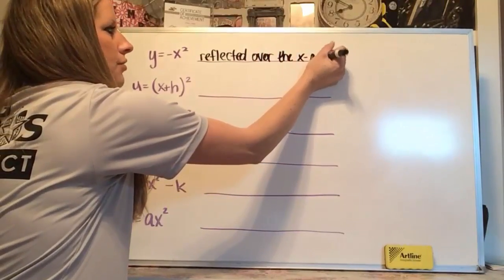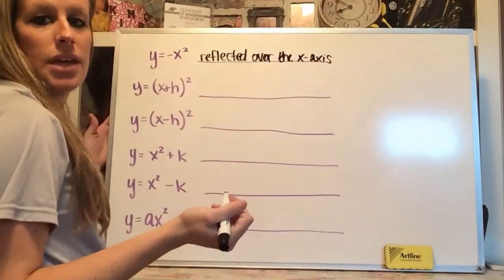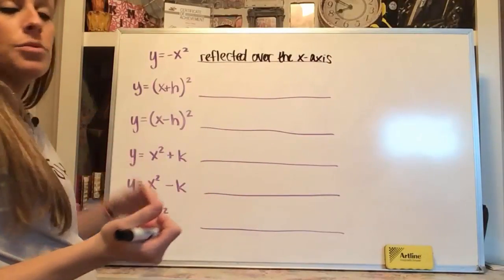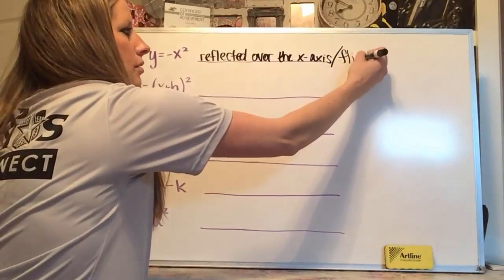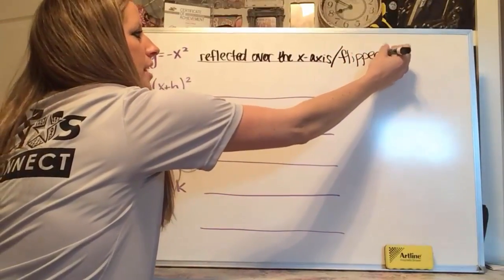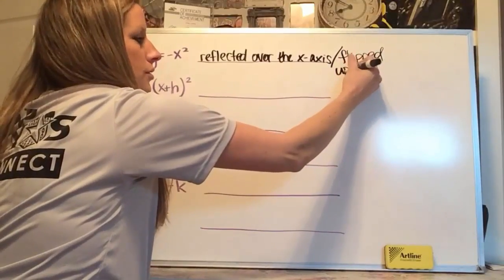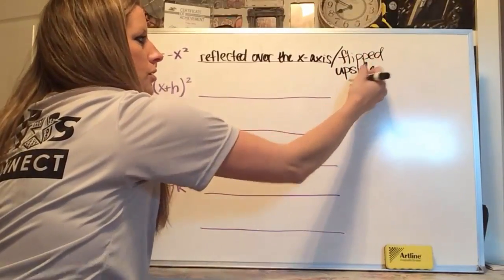Anytime you have a negative in front, it's going to be flipped upside down. So if that helps you remember it better, if you want to say it's flipped upside down, go ahead and put that. These are your notes, so whatever helps you the most.